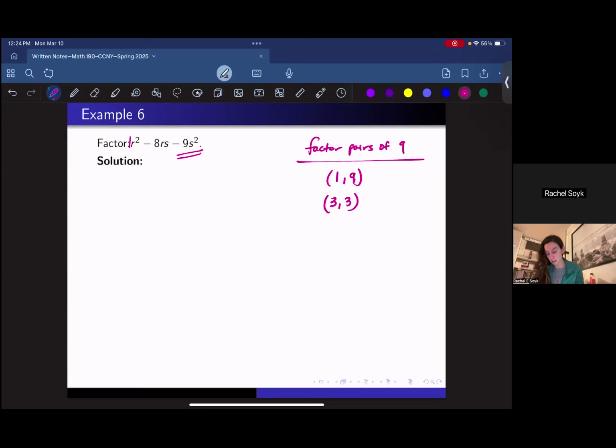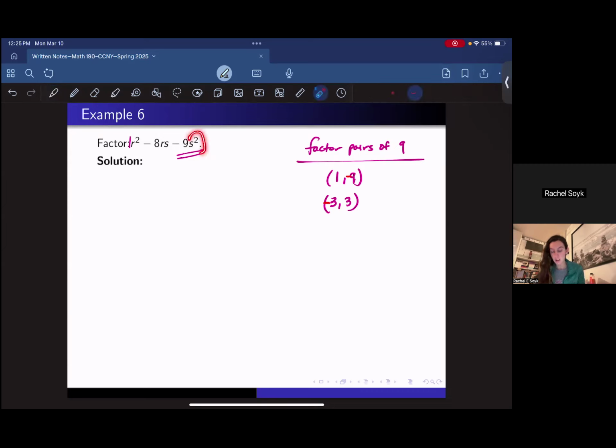Now, obviously, we're going to have a negative somewhere. We can have a negative here, or we can have it in the 1. We can have it in the 3. We know it's going to be in one of the numbers in each factor pair, and we can move that around as we please.